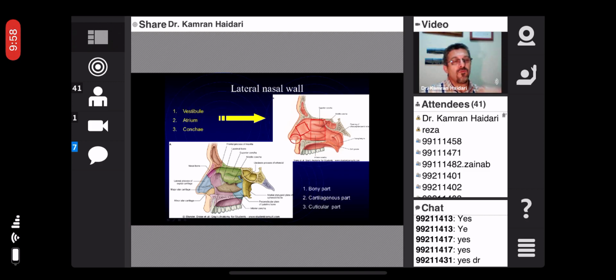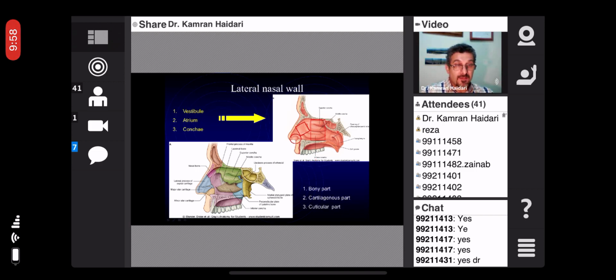Above the limen nasi, you've got the next part of the nasal cavity on the lateral wall. This is the antrum or atrium of the nasal cavity. This area in front of the conchal area, and this area is the conchal area. Concha consists of the superior, middle, and inferior concha.